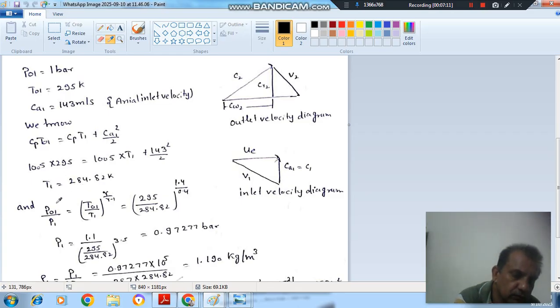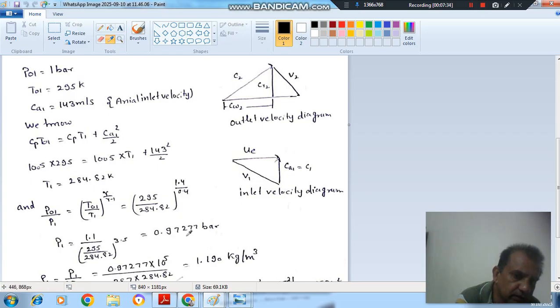Now P01 is your stagnation pressure, P1 is the static pressure at inlet. We can use the isentropic relation to find out P1: P01 by P1 is equal to T01 by T1 to the power gamma by gamma minus 1. Gamma is 1.4, P01 is 1 bar, T01 is 295.